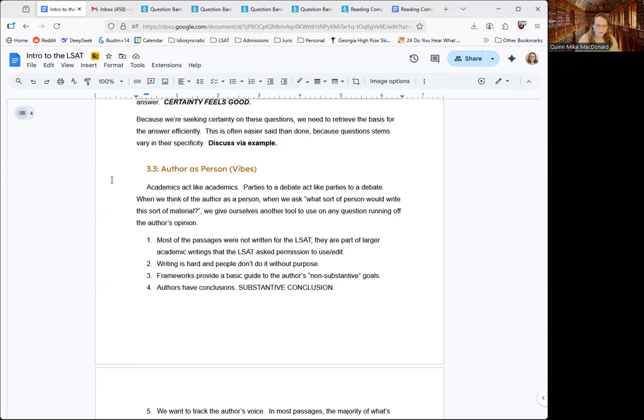And that's a more amorphous process than just looking for detail info, right? Much, much more amorphous. So as we work on this exam, we really have to develop our understanding of what authors are doing, how they're doing it, and why.